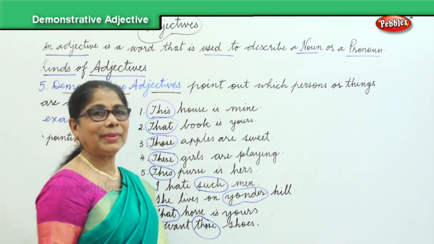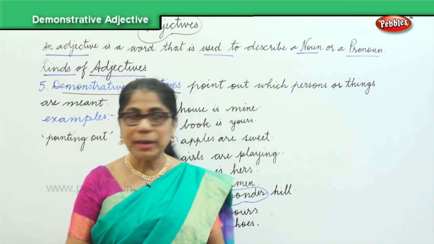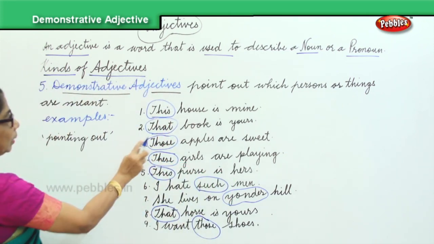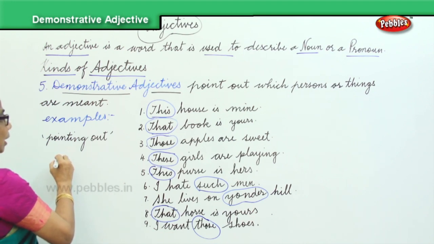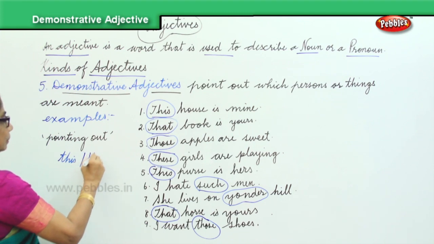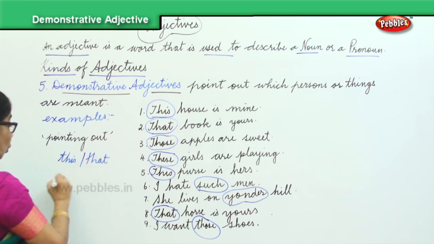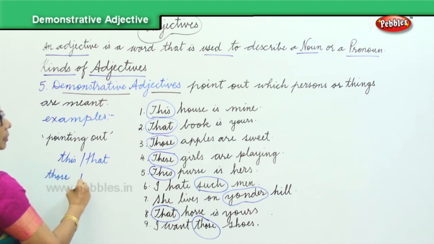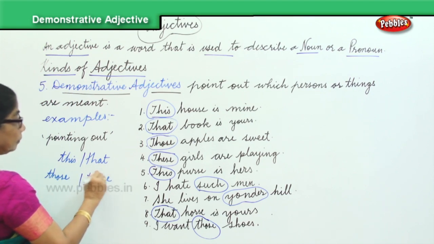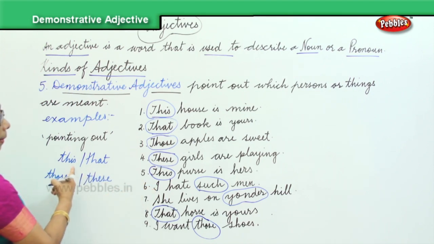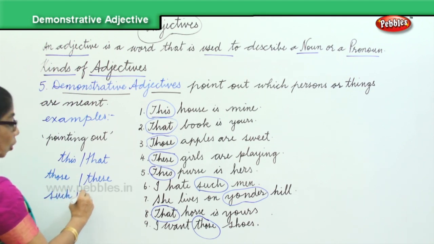Now, the words we are talking about: this, that, those, these, such, yonder.